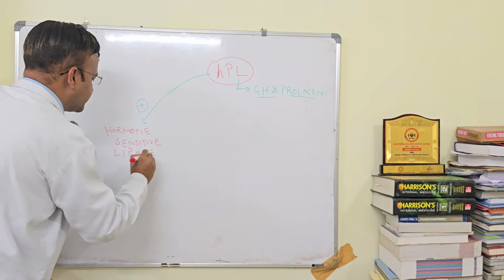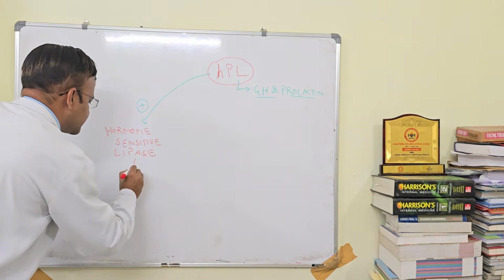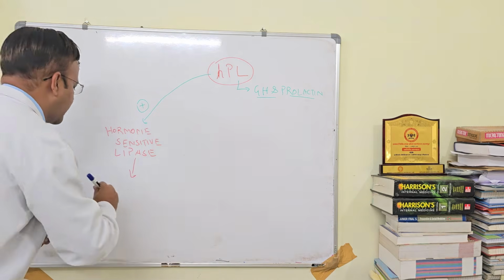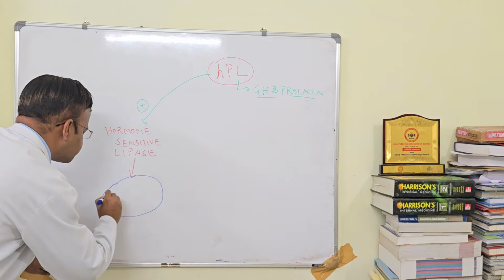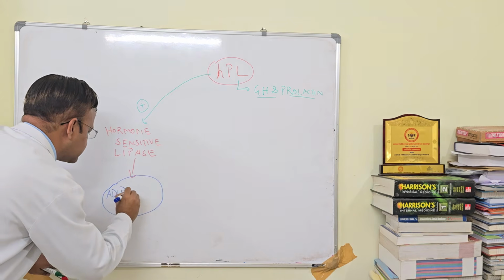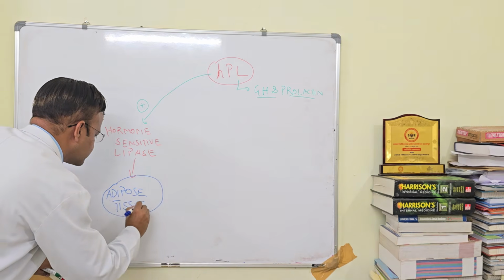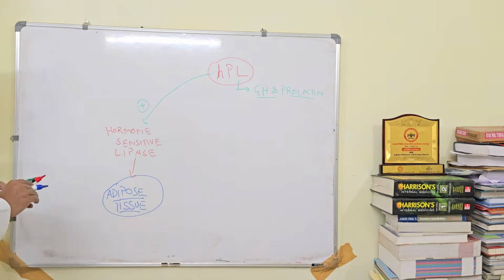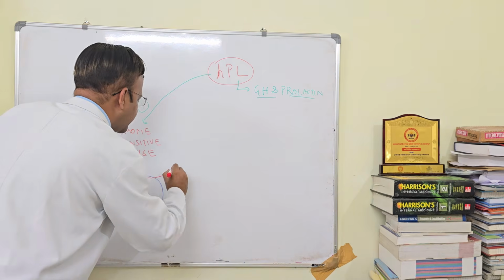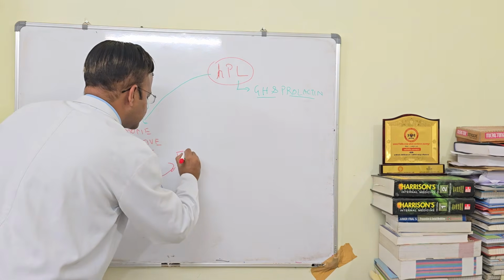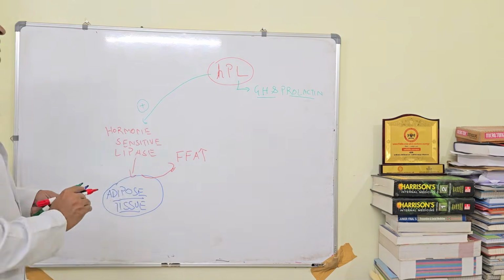Now this hormone sensitive lipase will act on adipose tissue. By acting on adipose tissue, it is going to increase the concentration of free fatty acids. So up till now it's simple.